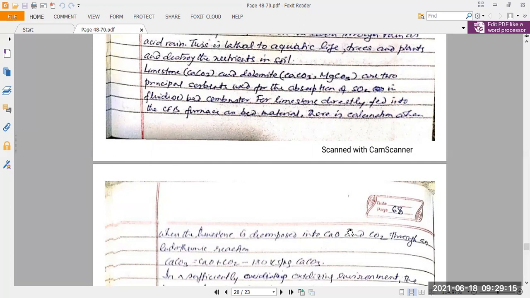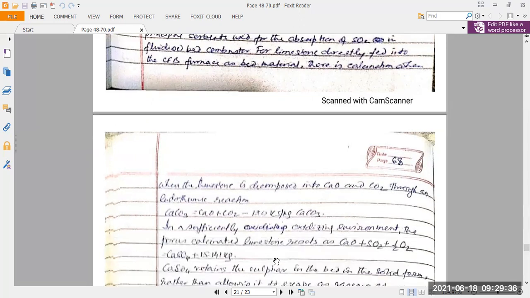Now, CaCO3 gives CaO plus CO2, and it absorbs 180 kilojoule per kg of CaCO3. So it absorbs some heat from the temperature, unlike sulfur dioxide formation, which creates enormous heat, which is helpful to us.